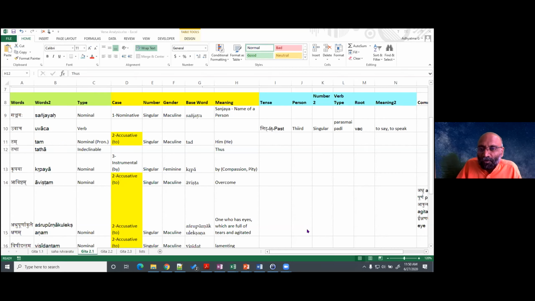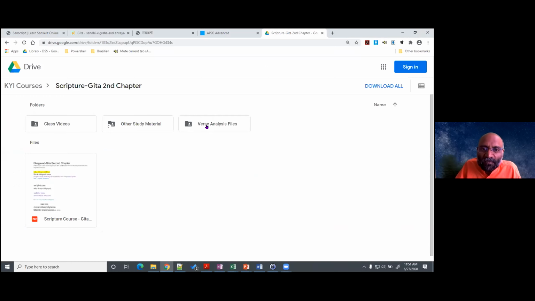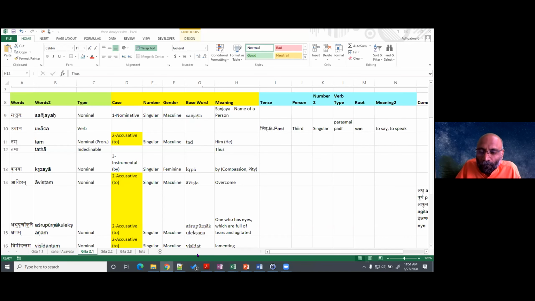What is the title of the table document we just worked on that is in the repository? If you go to the repository, it will be in the verse analysis files. Can we download the notes? Yes, you can download the notes.